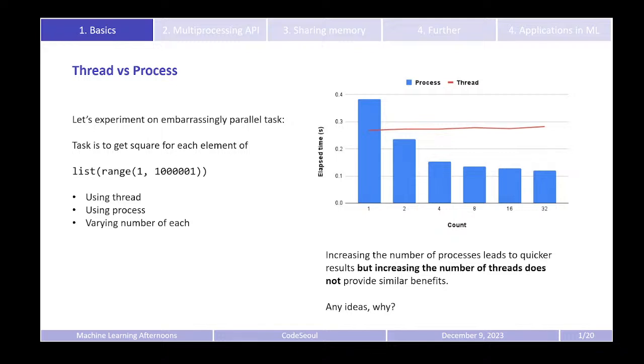So is there any idea why this can happen in Python? Anyone have any guess why it might happen? Even though we scale the number of threads, the final result is not really efficient. Any guesses? Beach, of course, knows. How about other guys?